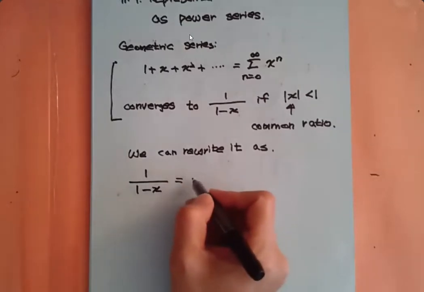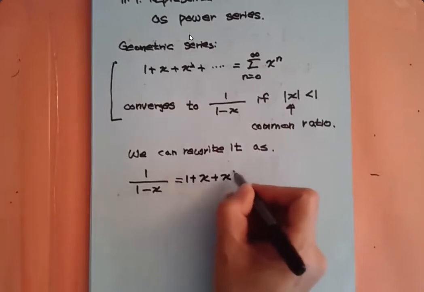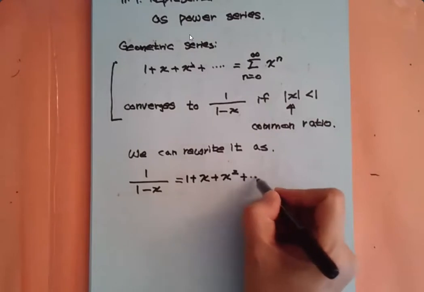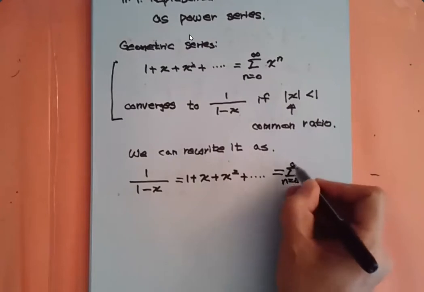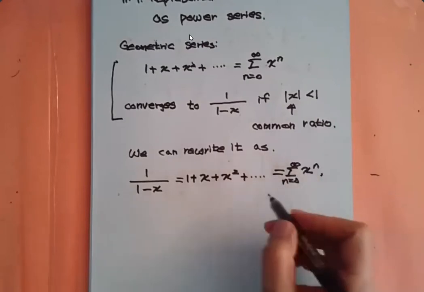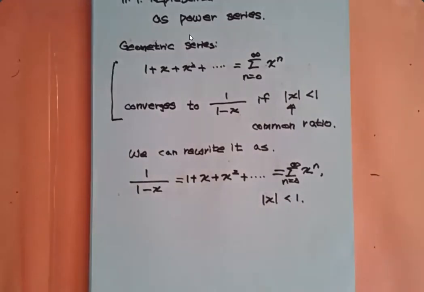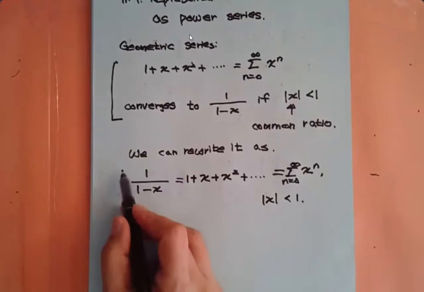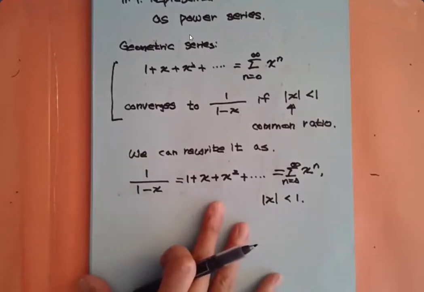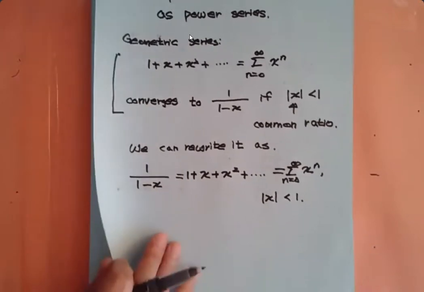That function can be expanded as a power series, 1 plus x plus x squared and so on, which is summation n equals 0 to infinity of x to the n power, when the absolute value of x is less than 1. So this function can be expanded to this power series only if the absolute value of x is less than 1.